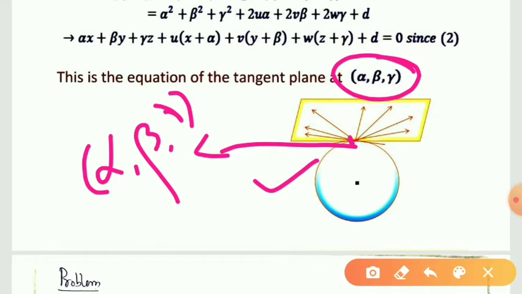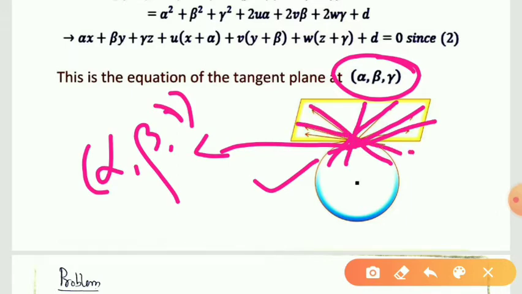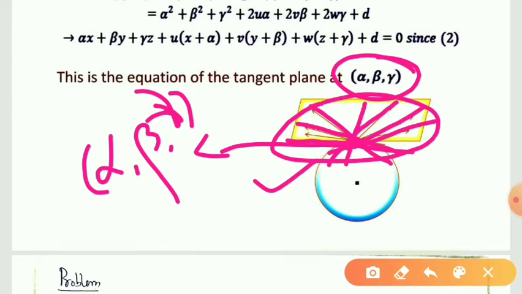At the point alpha beta gamma, the sphere may have different tangent lines. The locus of all these tangent lines forms a tangent plane to the sphere at the particular given point.